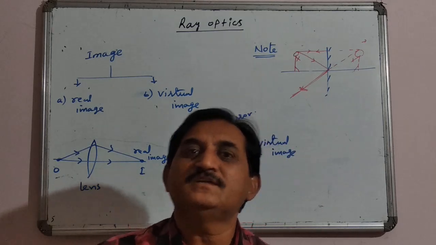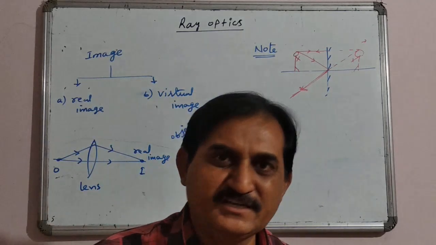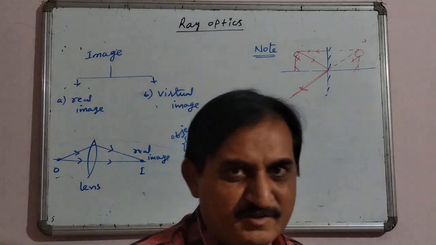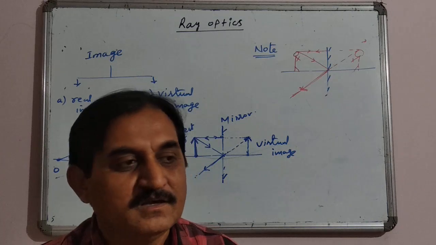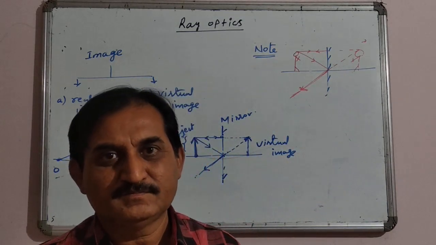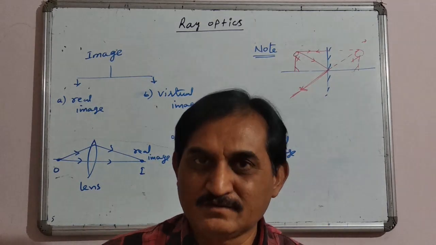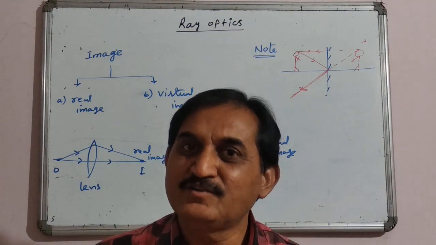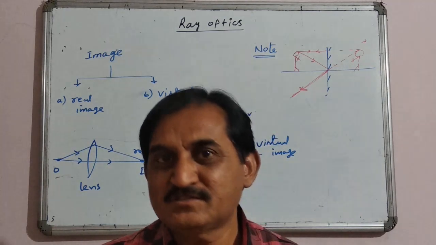We can see this example in our daily life. Every day we see our image in the plane mirror. Whenever you stand in front of a plane mirror, you are taken to be a real object.